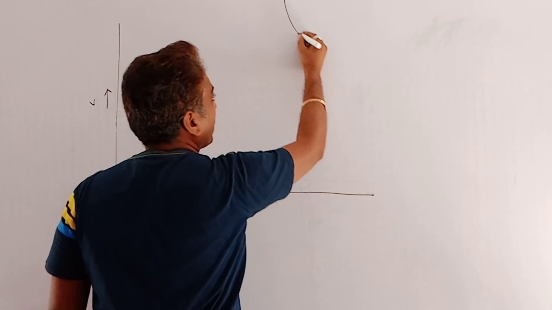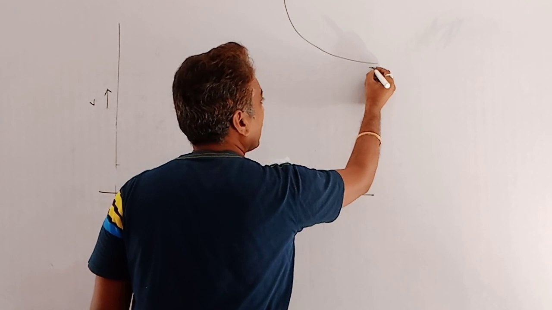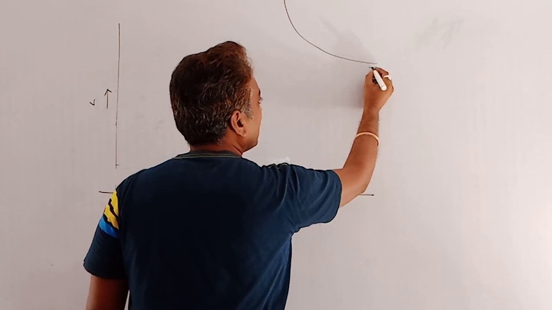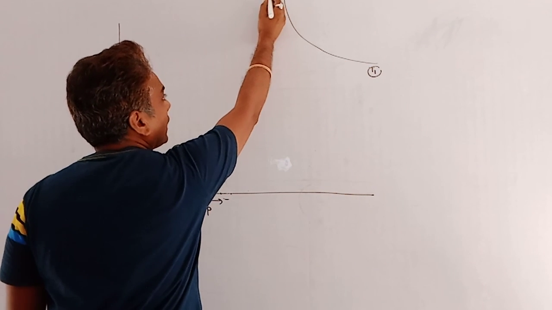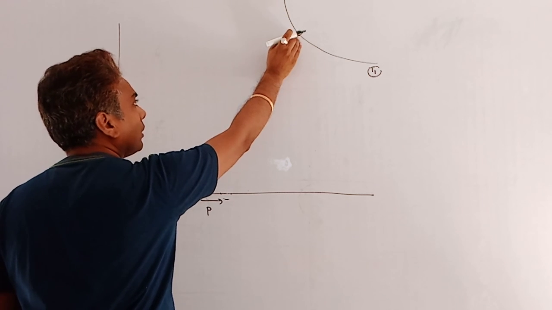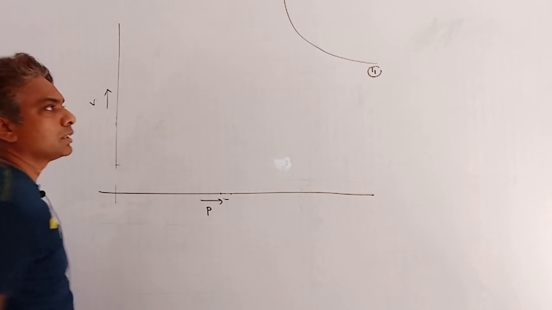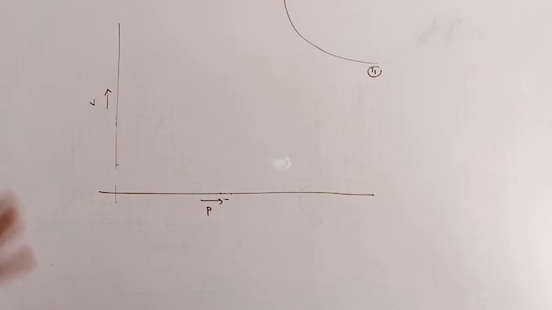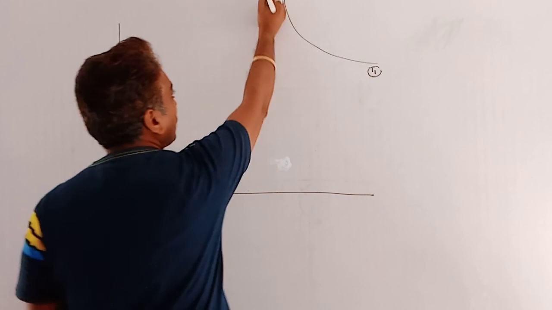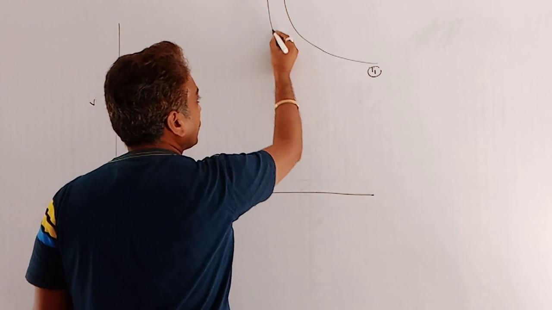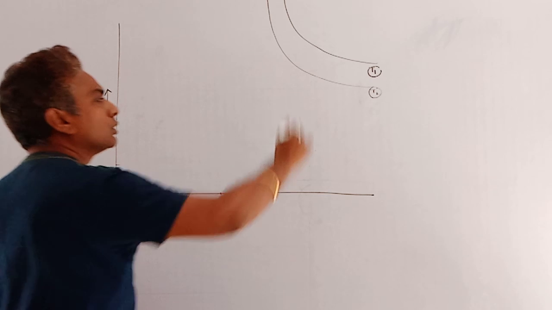At such temperature it becomes a rectangular hyperbolic graph, which is at temperature T1. On decreasing the temperature, the curve moves towards the origin, and on increasing the temperature, the curve moves away from the origin. So on decreasing the temperature from T1 to T2, the graph of CO2 will be observed as this one, towards the origin.